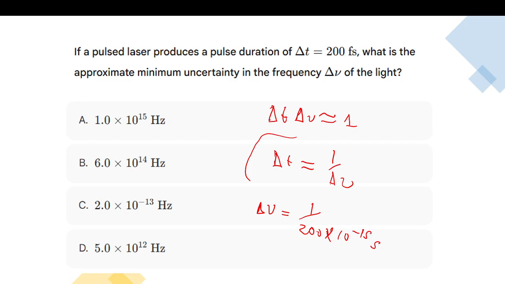So it will be 0.5 into 10 to the power 13, which means 5 into 10 to the power 12 hertz actually.